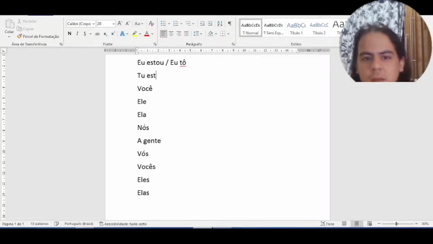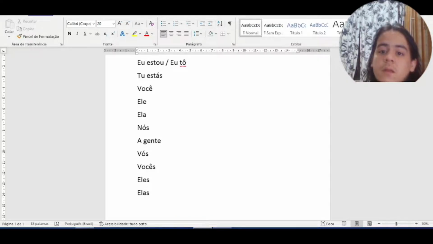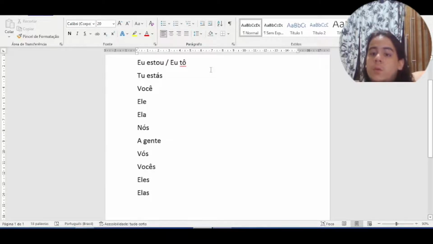Tu estás. Remember that tu is more used in some regions of Brazil, for example the southern states of Brazil, and in Portugal. In Rio de Janeiro, the state, the city where I live, we don't use tu estás.